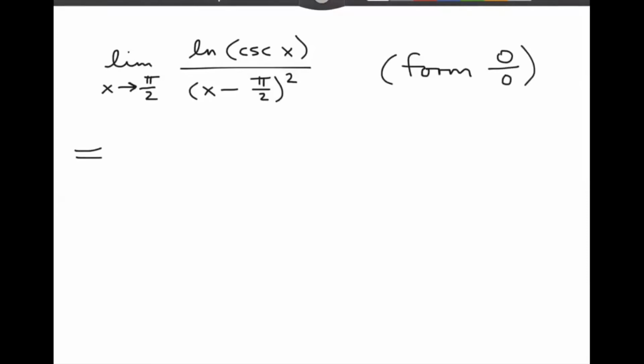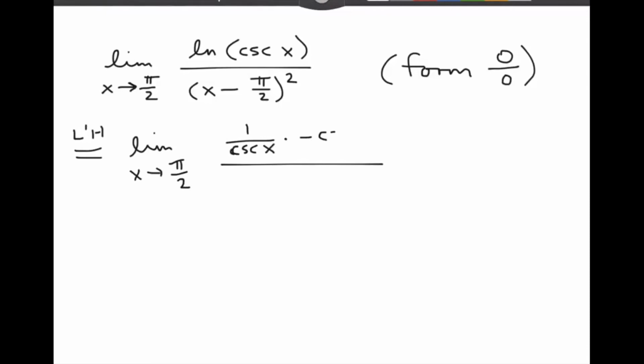So using L'Hopital's rule, the derivative of natural log cosecant x, that's a relatively new derivative rule that we just learned recently, would be 1 over the cosecant of x times the derivative of cosecant x, which is negative cosecant x cotangent x, right?